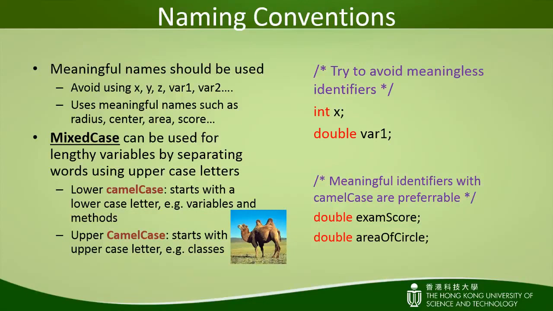There is also upper camel case, which starts with an uppercase letter. Upper camel case is usually used for naming classes. In previous examples, HelloWorld and CourseGrade are class names that begin with uppercase letters. Here is another example of a declaration for a class of bank account. I'll give detailed discussions on what methods and classes mean in the next lecture.